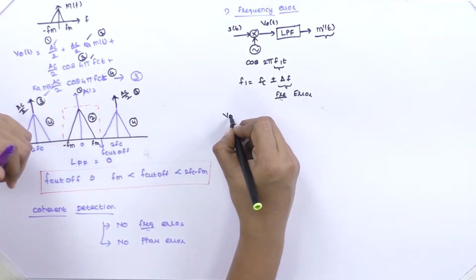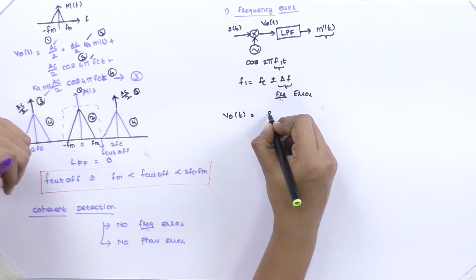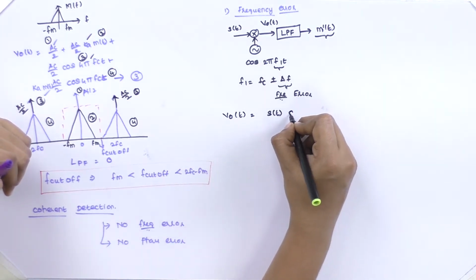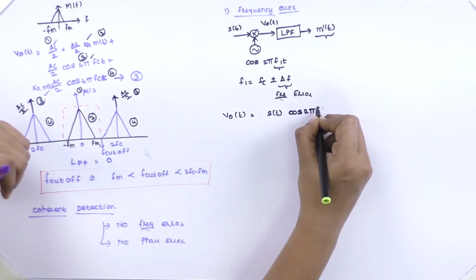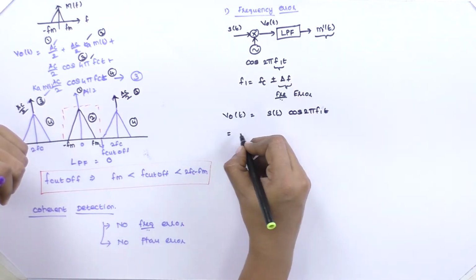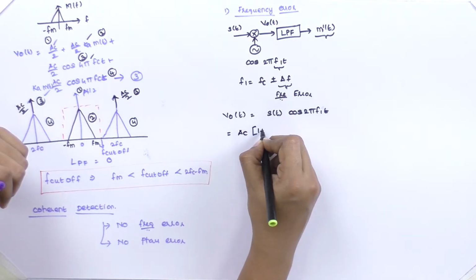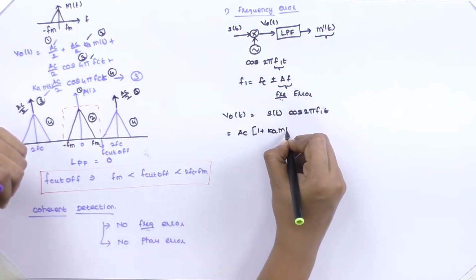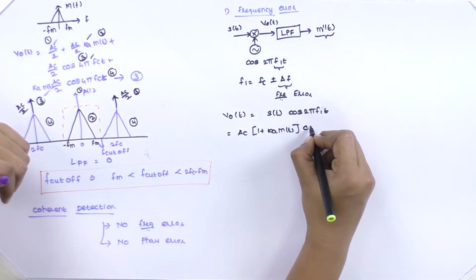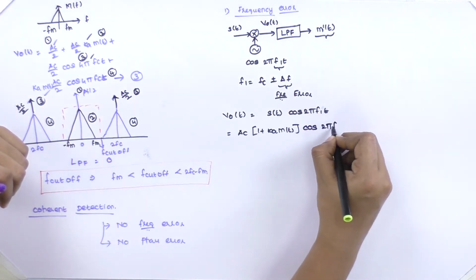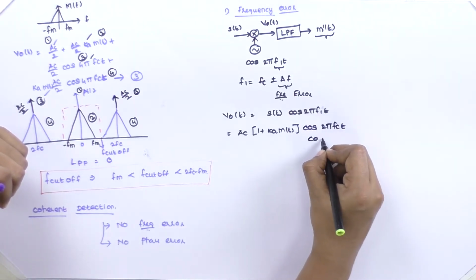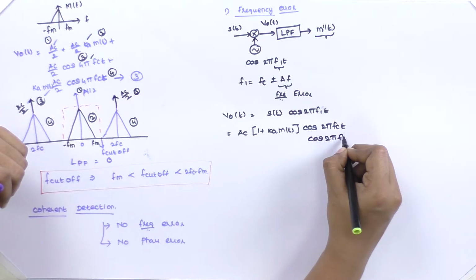For example, we know that V naught of t is nothing but S of t into cos 2 pi f1 of t. Therefore, AC into 1 plus Ka m of t cos 2 pi fct, and another term is cos 2 pi f1 of t.